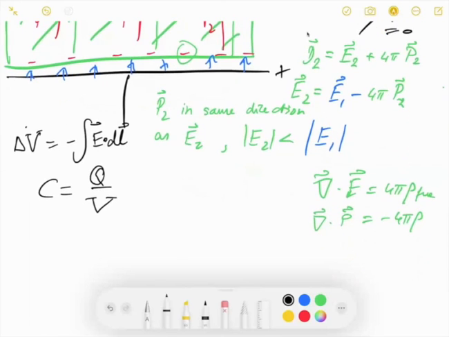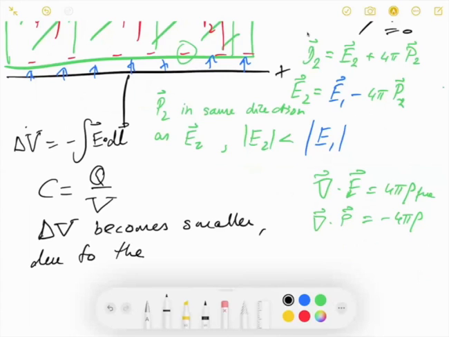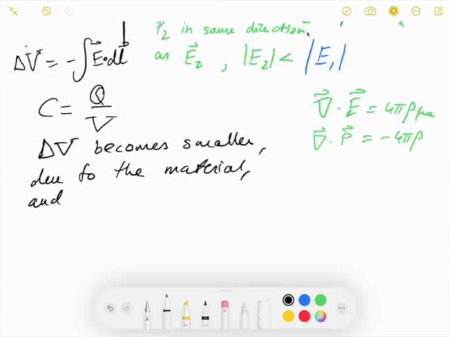So delta V becomes smaller due to the material, and therefore C becomes larger.